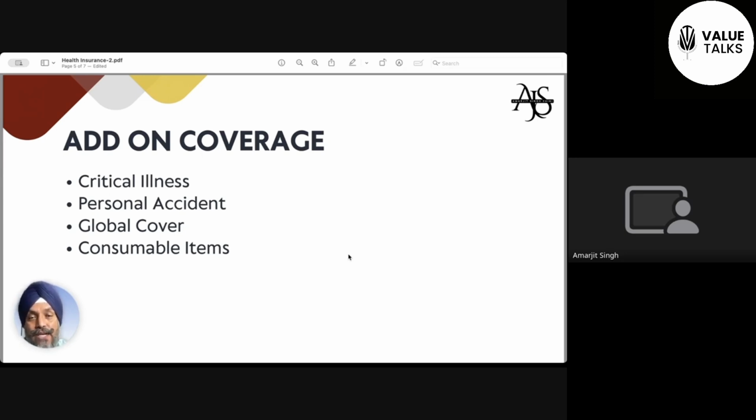So there are two conditions in this generally. There is a survival period and there is a diagnosis. So if a person has taken a critical illness and supposing cancer is mentioned there and person is diagnosed with cancer and it meets the requirement or definition which is given into the policy.